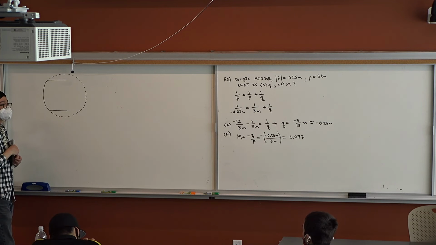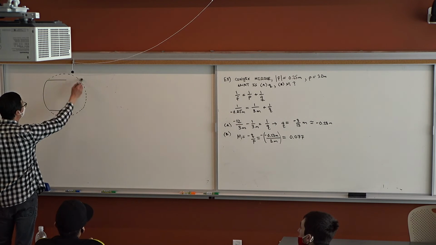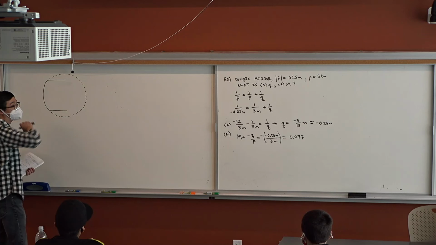Does that make sense? That's all I've done here. So trying to show you that the curvature here is spherical. It's just on top of a cylinder.